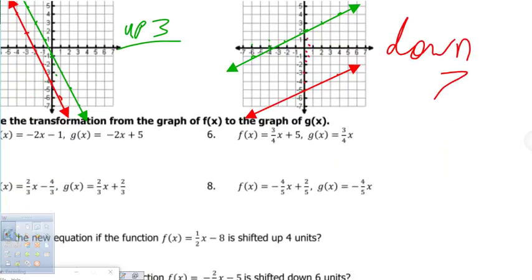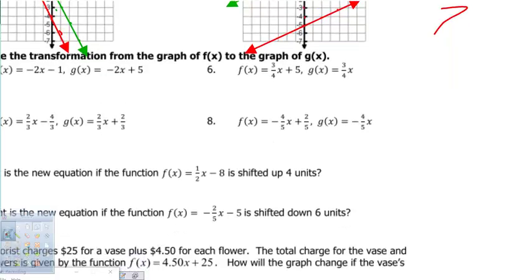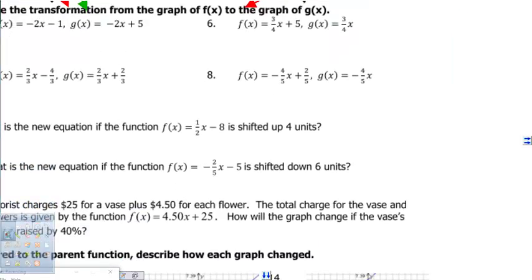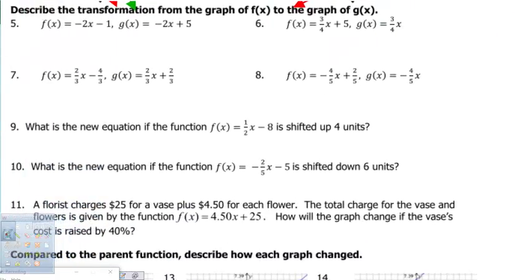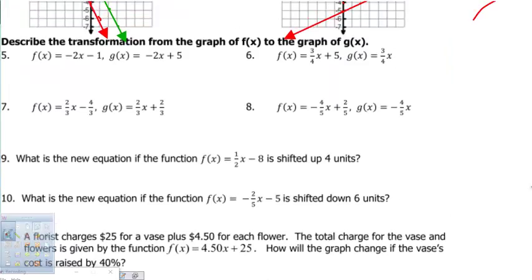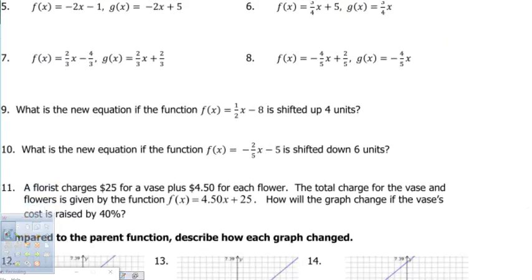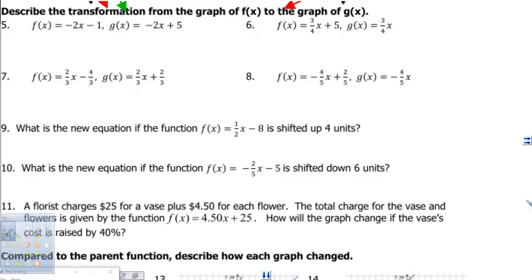Pretty easy stuff. Okay? Next up, we've got problems that are just straight up, okay? Doesn't have a graph or anything. So what we can actually do, in order to figure out how far it moved, is subtract this from this.